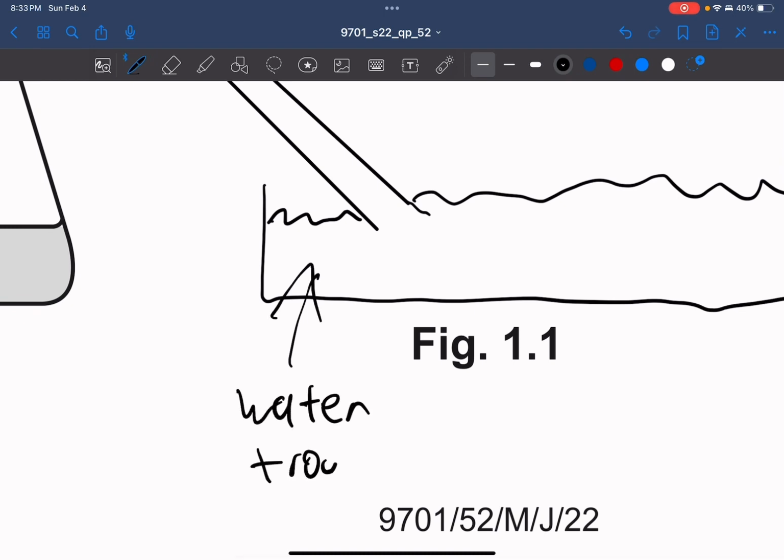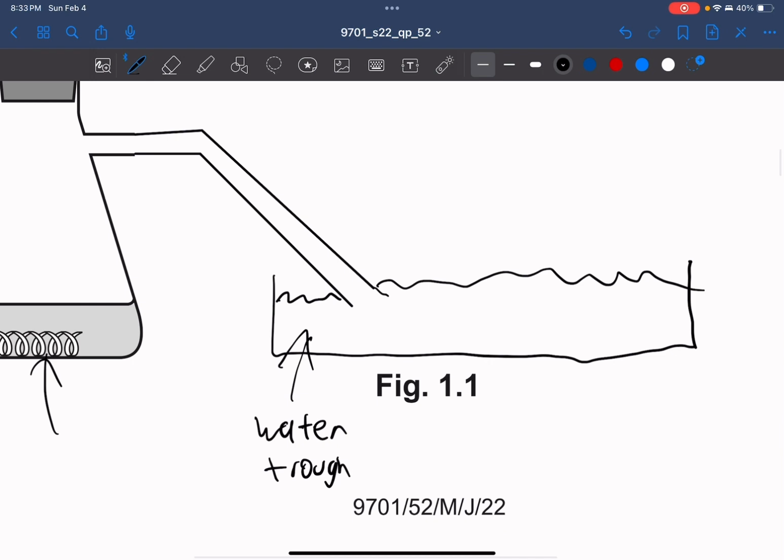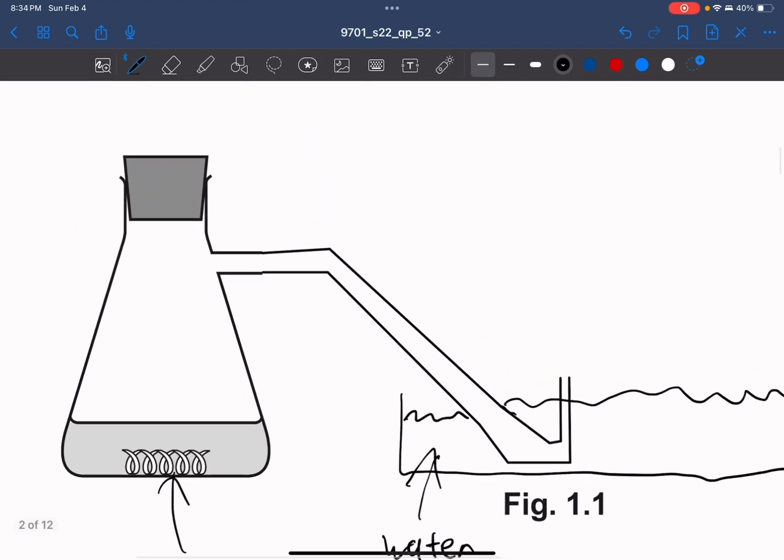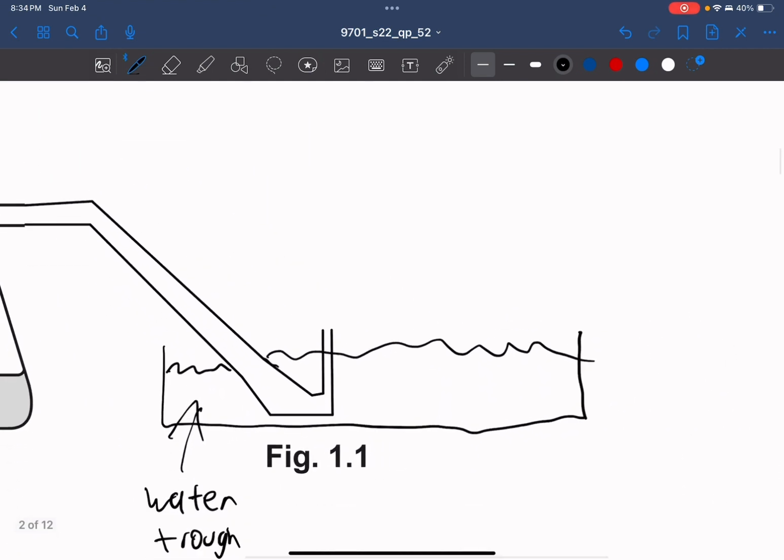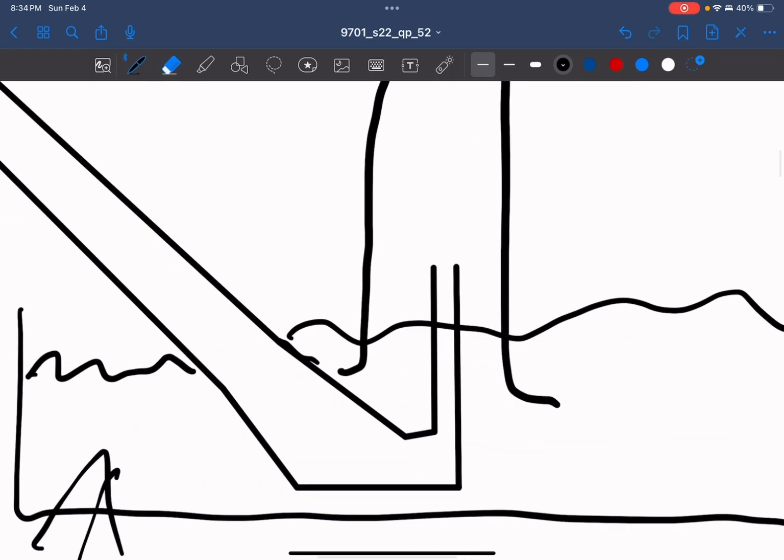As I mentioned earlier, it's basically a huge basin. And then we're gonna have a pipe that connects to a measuring cylinder, which is gonna be fixed in place or submerged here. So here, the water level is going to be a bit higher.